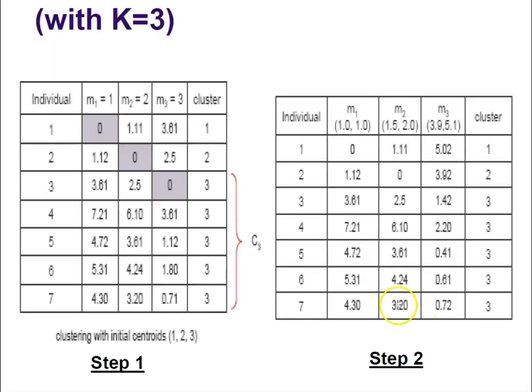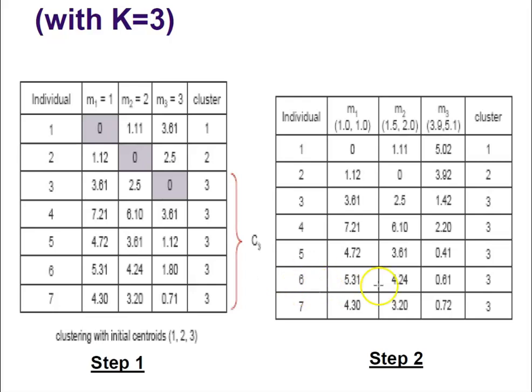Now, if we take the same data, but this time we say we want 3 clusters instead, you will see how the output dramatically changed just as a result of changing the number of clusters you're starting with.